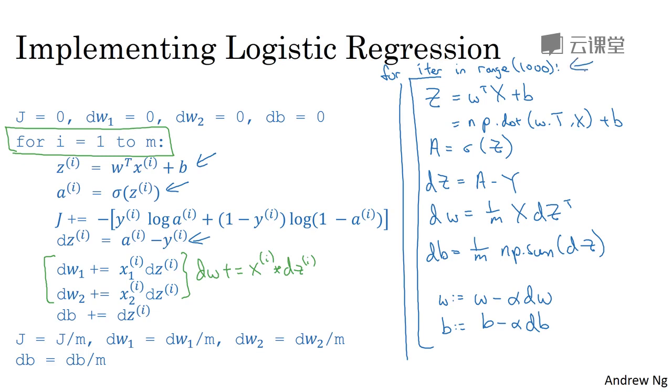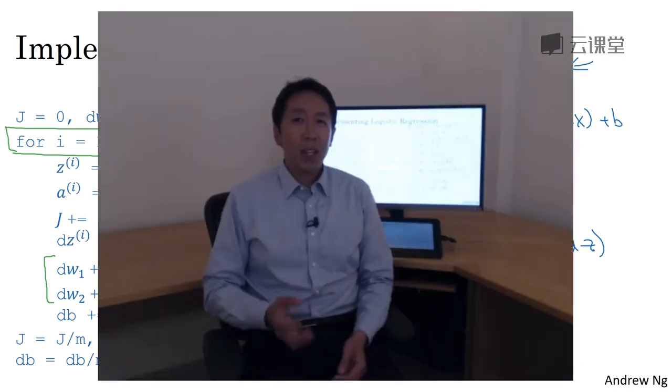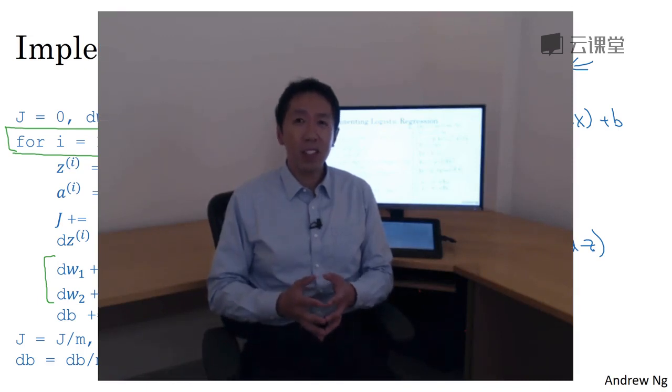There's an outermost for loop like that, and I don't think there's any way to get rid of that for loop. But I do think it's incredibly cool that you can implement at least one iteration of gradient descent without needing to use a for loop. So that's it. You now have a highly vectorized and highly efficient implementation of gradient descent for logistic regression.